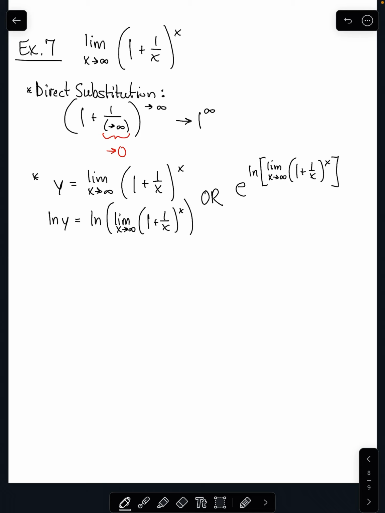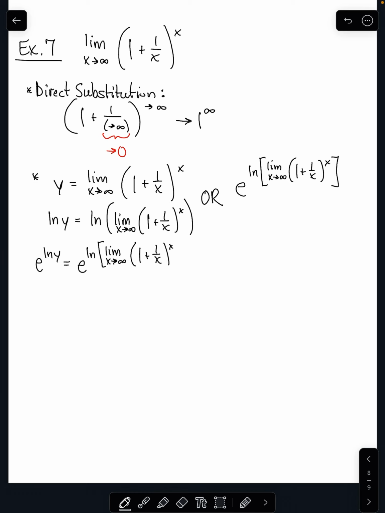Now, we would get the same effect in solving this down below, because eventually we're going to have to deal with that natural log of y on the right and return it to its original y. So eventually we would have to deal with it. In fact, the way we could show that right now is to say e to the natural log of y is equal to e to the natural log of our limit, which is exactly what I did in the other form.